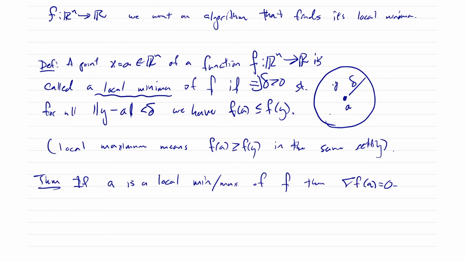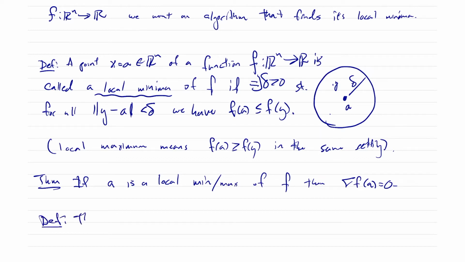And so when you move from, say, derivatives of single variable functions to multivariable functions, you start getting vectors or matrices, etc. And so in this case, we have that the derivative of a function of several variables is the gradient.